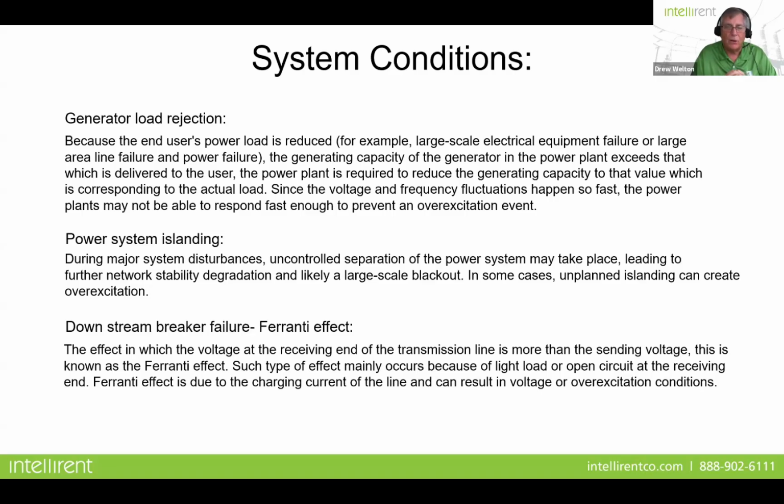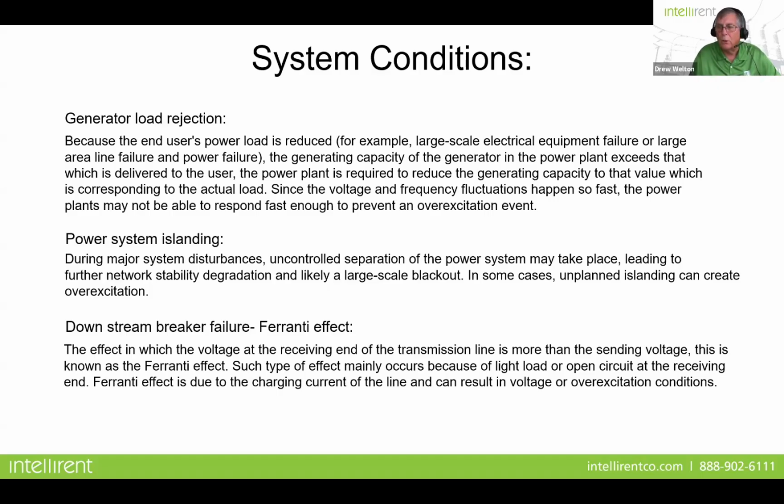There are certain things that can cause this phenomenon to happen, things like generator load reduction, power system islanding, or downstream breaker failure creating a Ferranti effect. Most of the time, these events will be voltage excursions, but if you have a voltage excursion while you have a frequency event, it could create a volts per hertz condition as well.